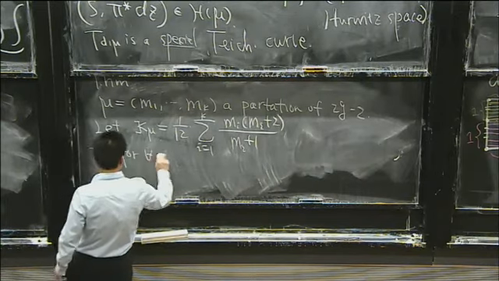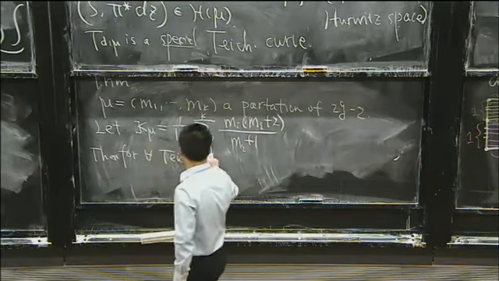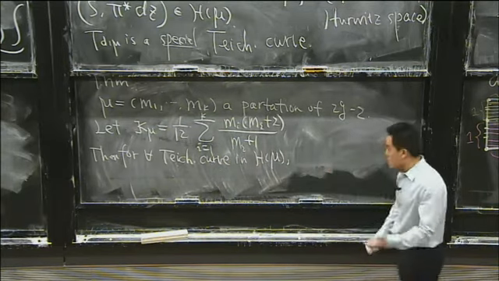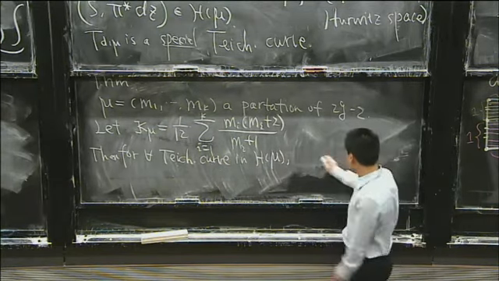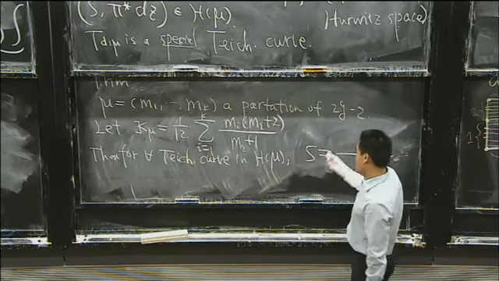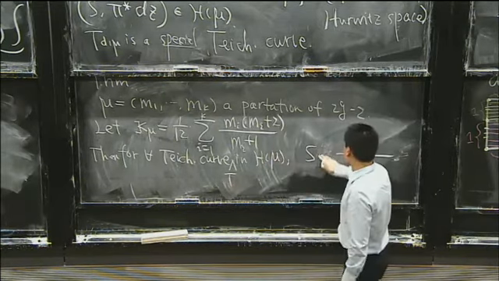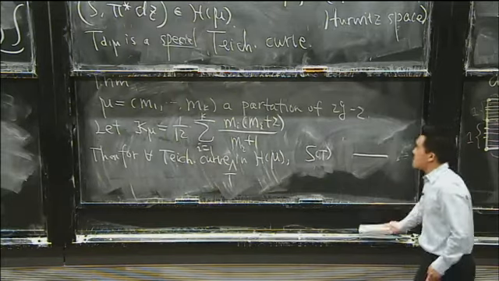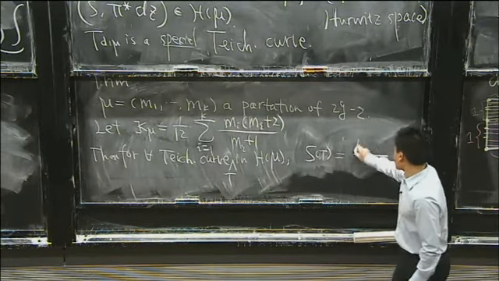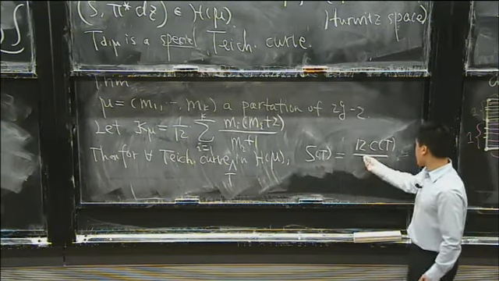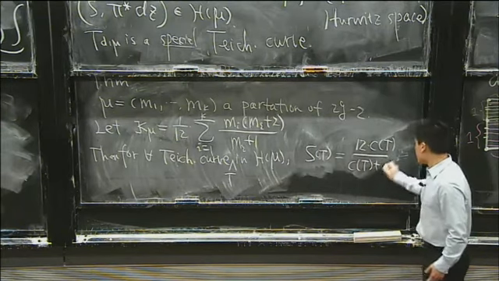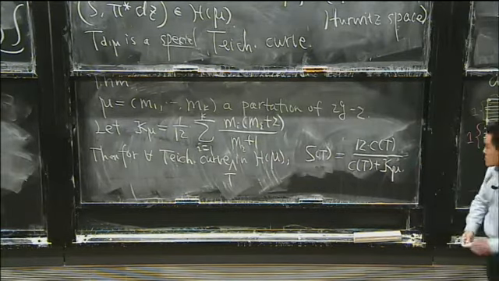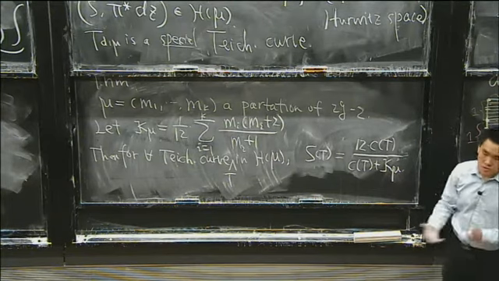For any Teichmüller curve T in the stratum H(mu), its slope s_T equals 12 times the Siegel-Veech constant divided by C plus kappa. And as you can see, once you know the slope, you know the Siegel-Veech number, and vice versa. So they determine each other.